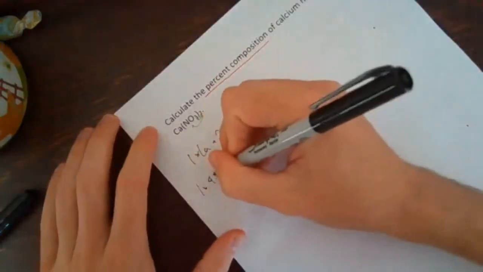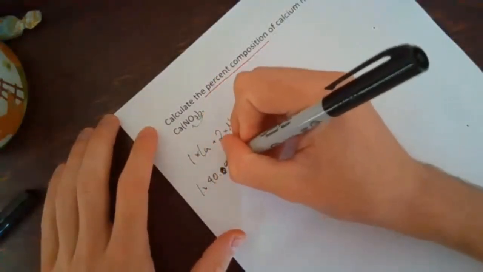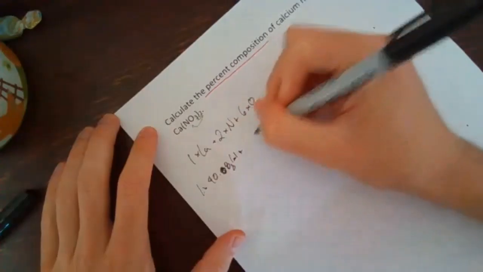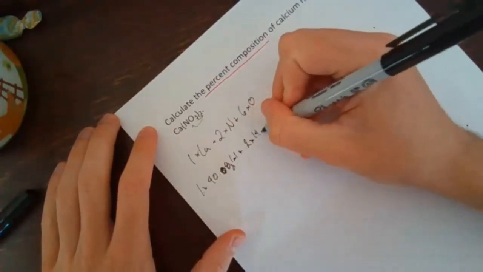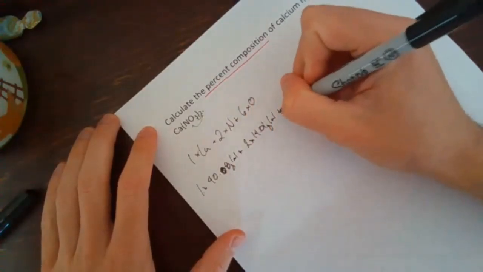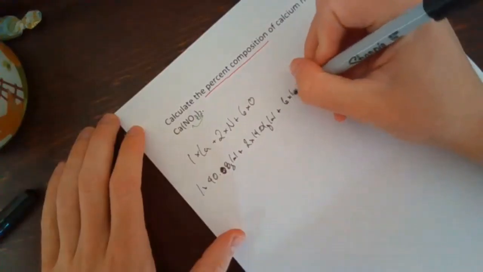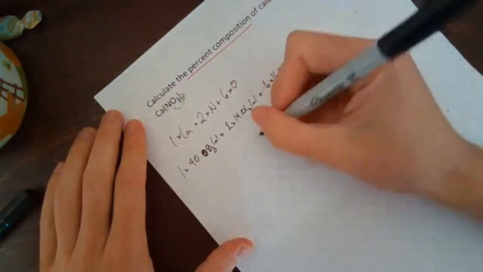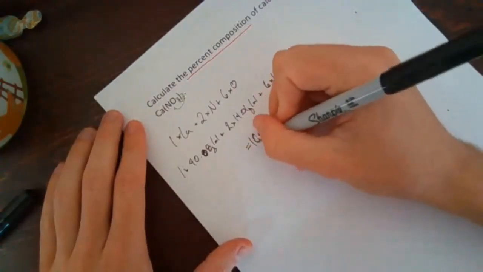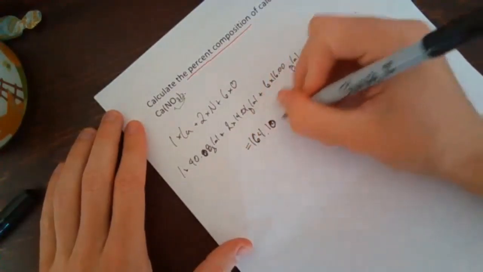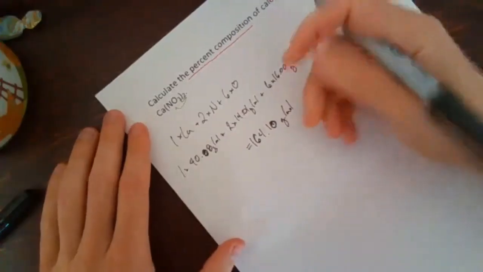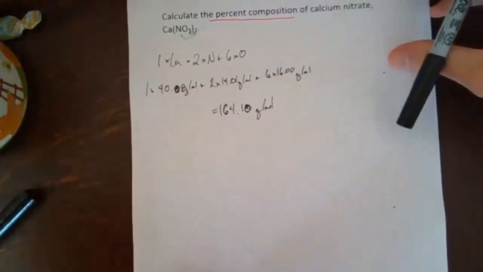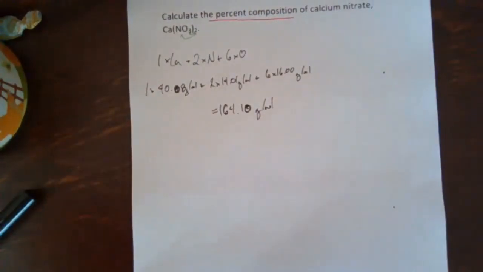So I can look that up. 40.08 grams per mole for calcium, 2 times the 14.01 grams per mole for nitrogen, plus the 6 times 16.00 grams per mole for oxygen, giving me a total of 164.10 grams per mole for the entire compound. So that is the molar mass for my entire compound.